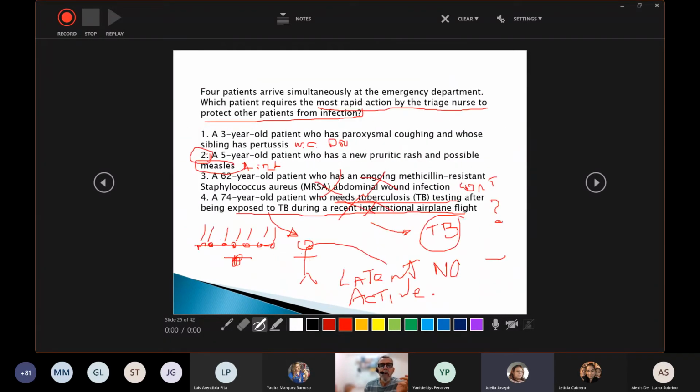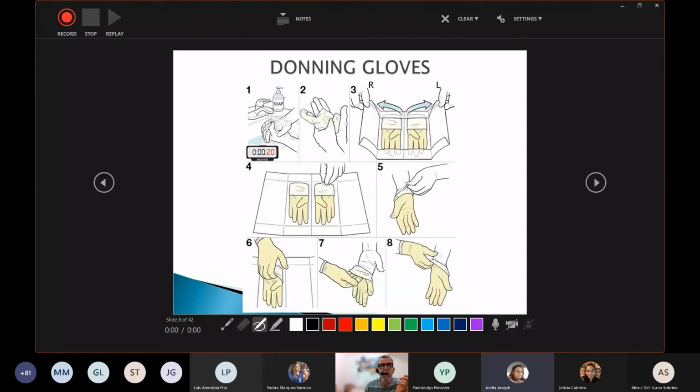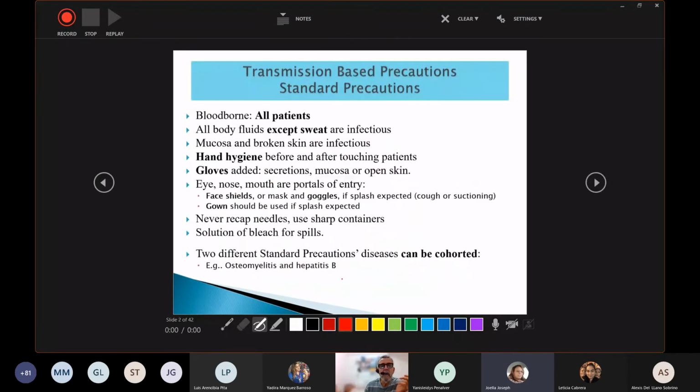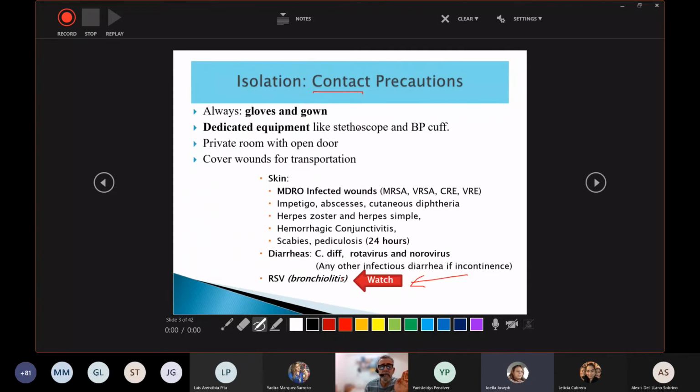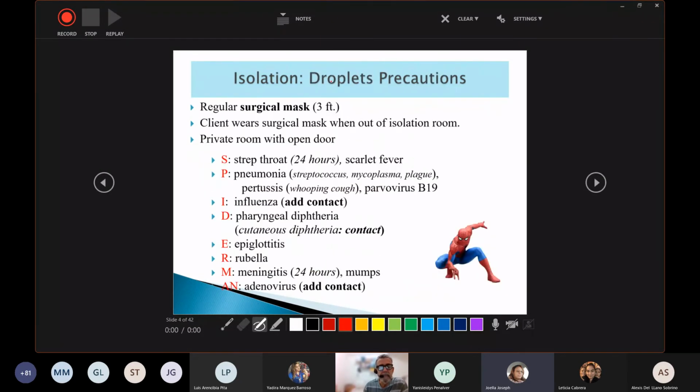Memorizing all the diseases that are only standard is impossible. But the most common are the 3 famous: hepatitis B, hepatitis C, and HIV. But there are many others. Maybe it's easier to memorize contact, droplet, and airborne diseases.